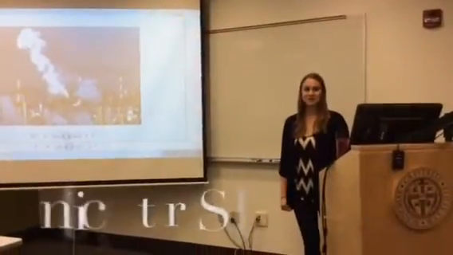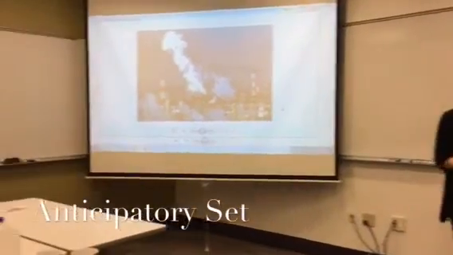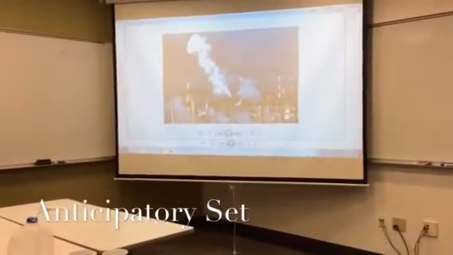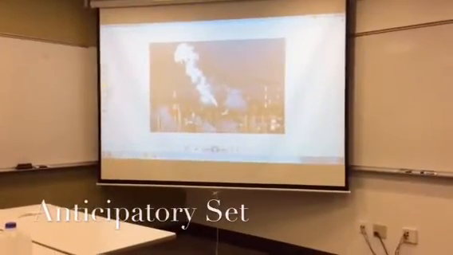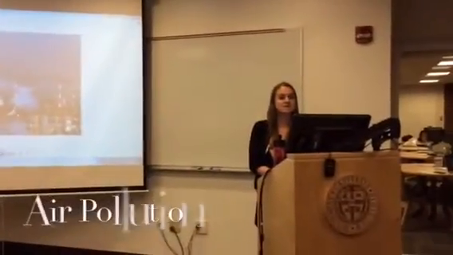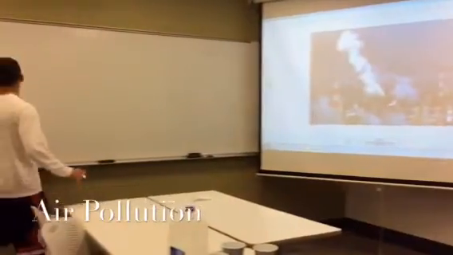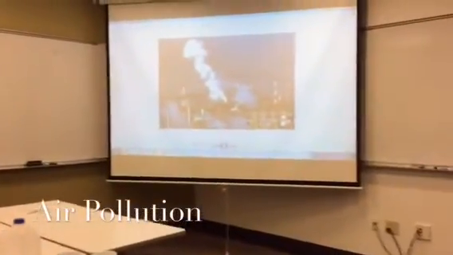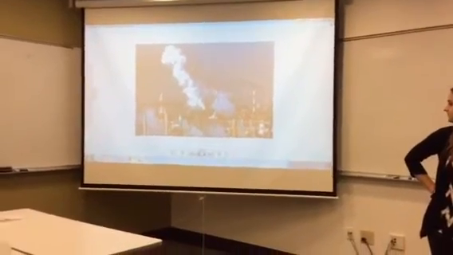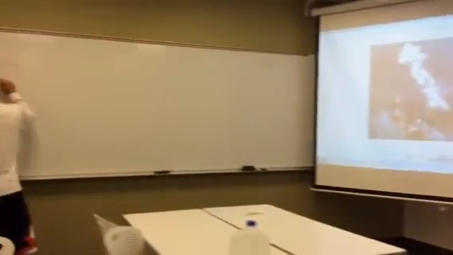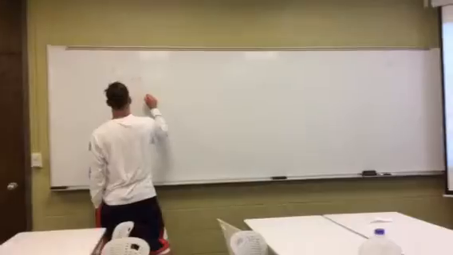All right, I'm going to show you 3 pictures, and you are to tell us what is wrong in these pictures. This is the first one. Looks like there's smog. Okay, smog. Anything else? It looks like there's a lot of smoke. I see some black smoke, some gray smoke, and white smoke in this picture.